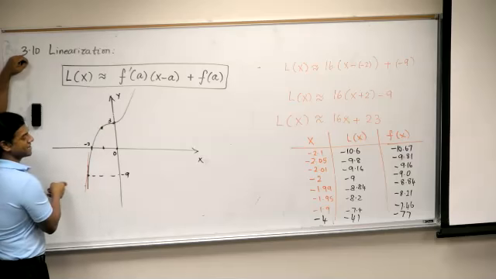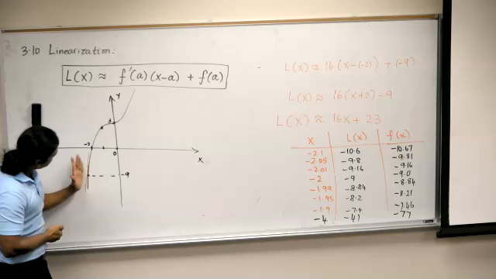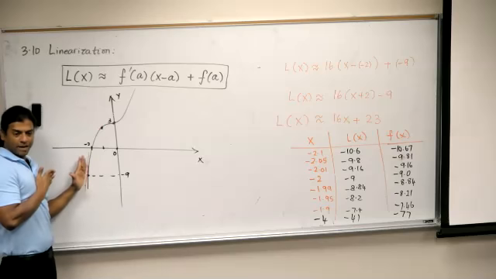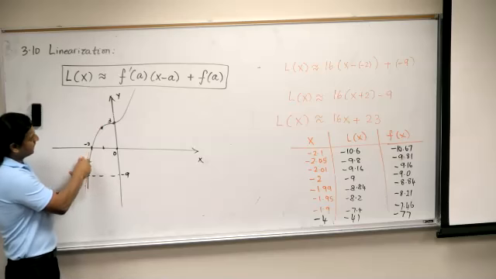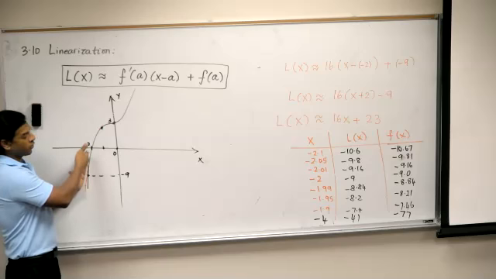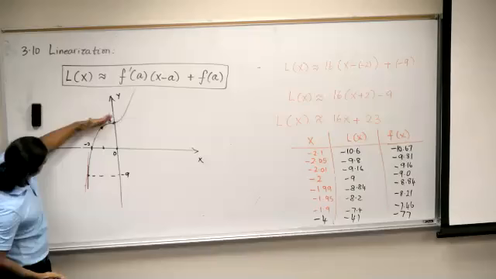At -2, -9, when I draw that tangent line, this tangent line is slightly above the curve. So as I go in the neighborhood, I'm going to overestimate on this side. Same is going to happen over here.